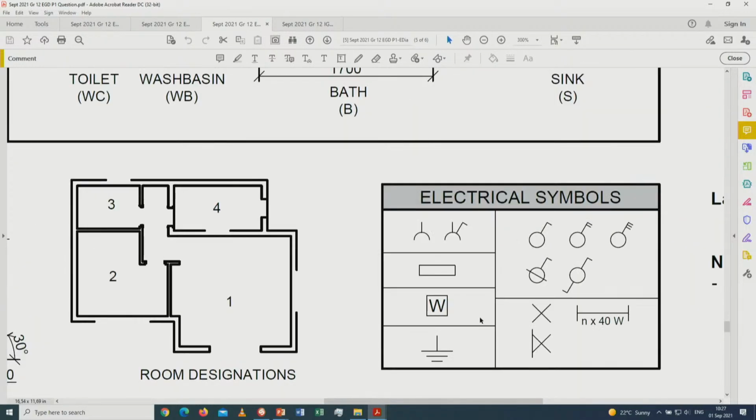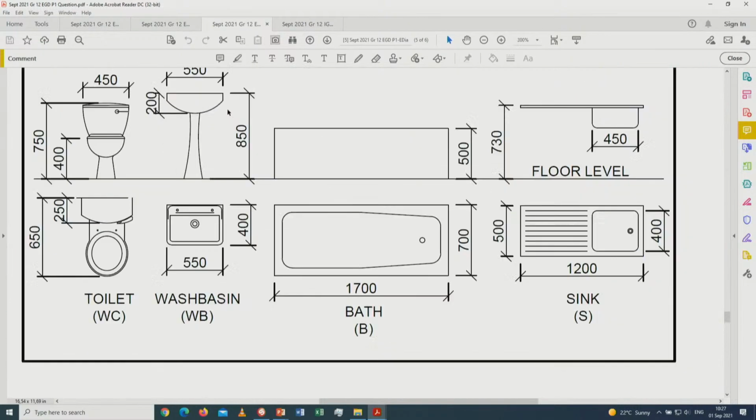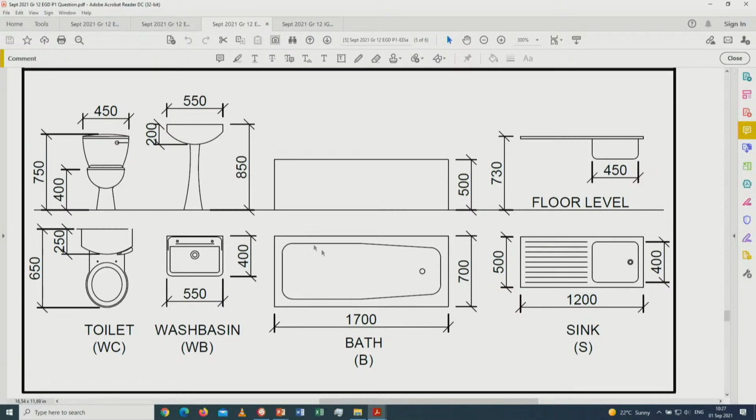Learners should know the symbols by now, and this is the room designations that you will get there. And these are, of course, the toilets and stuff, but what is important of this part over here is the dimensions. You can't make this wash basin higher than 850 divided by a scale of 20 or a scale of 40 or 50 or whatever the scale is for that specific drawing.